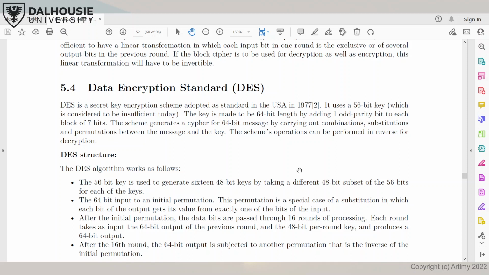Now, because of the 56-bit key, which is now considered too small, it's no longer considered a strong cryptography technique, or at least by the US, it's not considered a standard cryptography technique anymore.